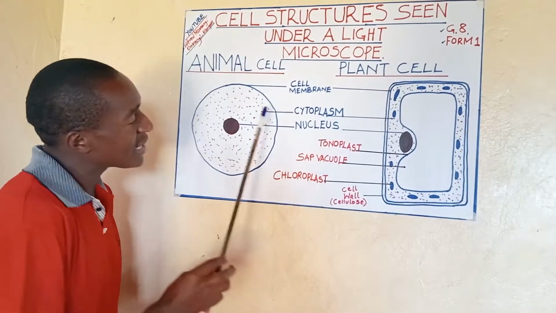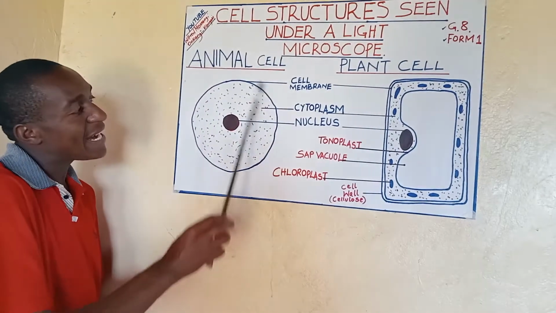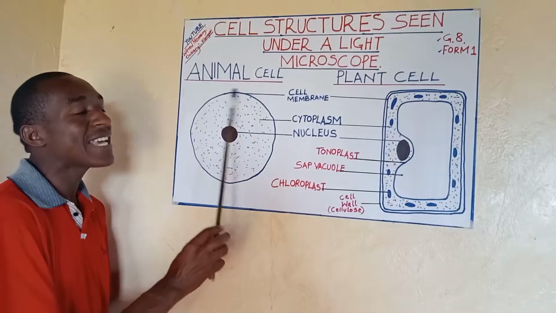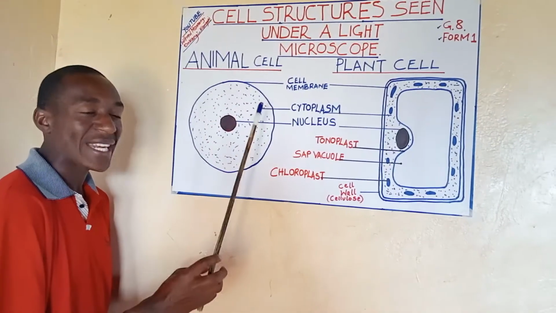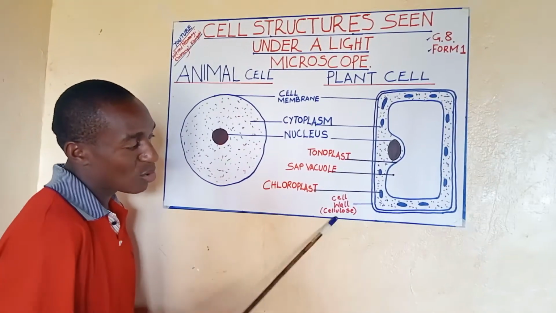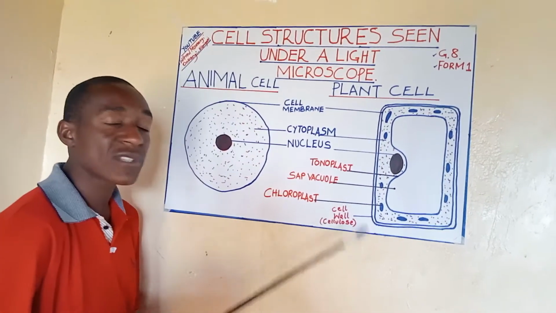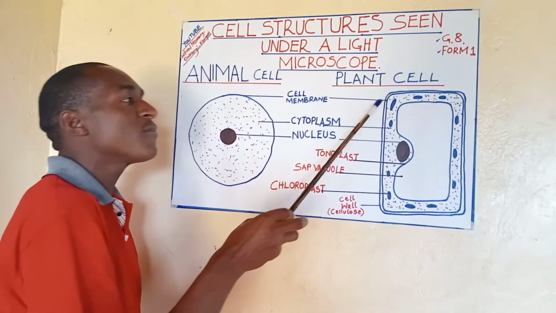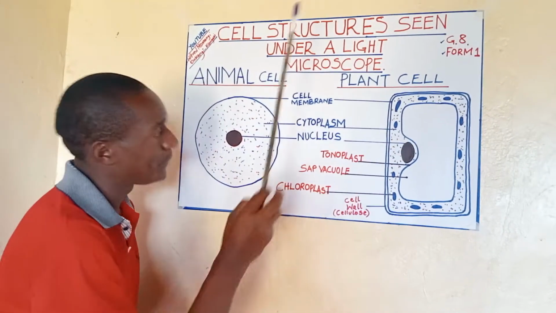So in animal cells, the first and only membrane is the cell membrane. But in a plant cell, we have the outer one called the cellulose cell wall, which we have said gives this plant cell a regular shape, followed by the cell membrane.